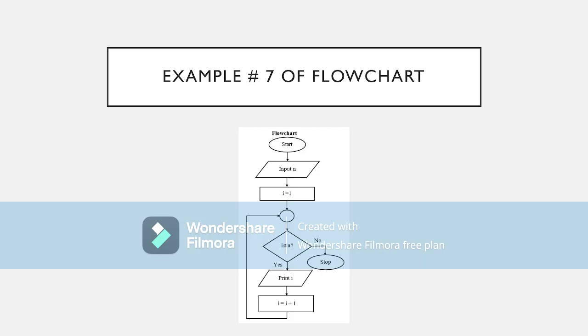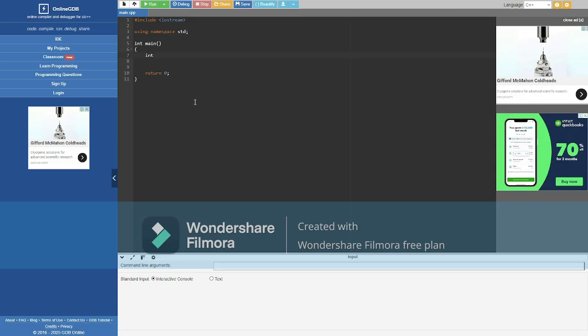So here we have another example of flowchart. In this flowchart we are asking for an input n, and depending on that input n we are going to make the iterations in the for loop. So let's make this program. Here we are inside our IDE. Now let's make this program. We are going to declare the variable n.